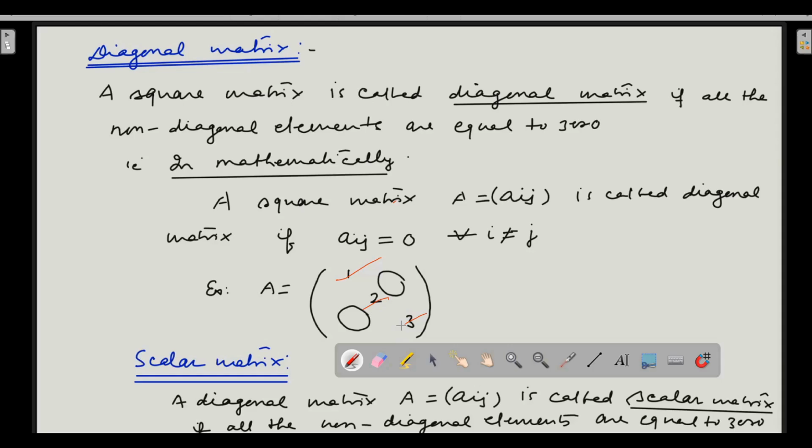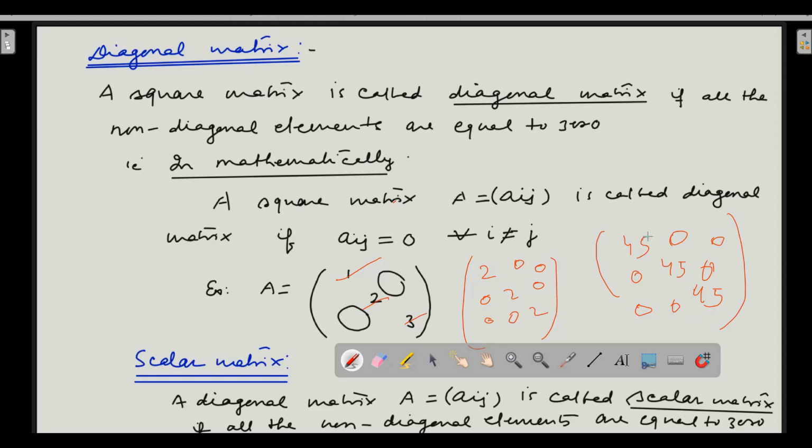Unity means 1. But other elements are 0. So 2, 2, 2, 0, 0, 0, 0, 0, 0 is a scalar matrix. Then 45, 45, 45, 0, 0, 0, 0, 0, 0 is also a scalar matrix.